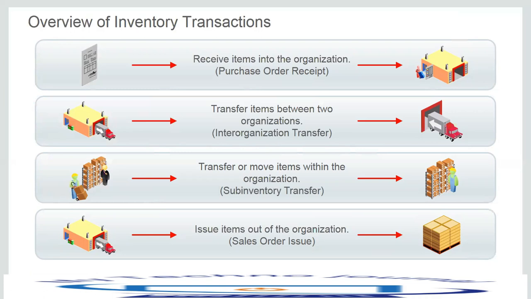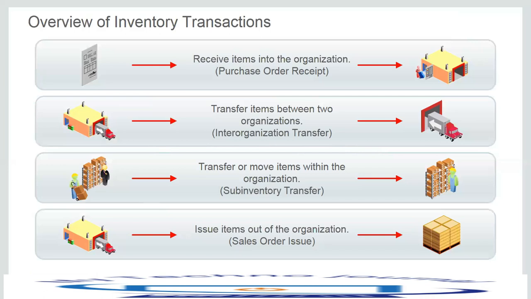In this diagram on the slide, there are 4 examples. The first one is receiving items into the organization based on a purchase order receipt. The second is transferring material between 2 organizations, which is inter-org transfer or inter-organization transfer.